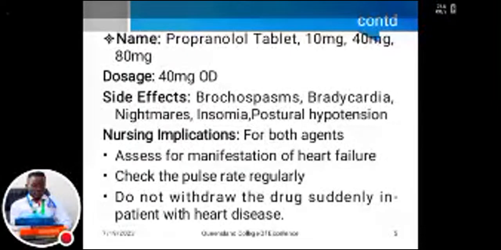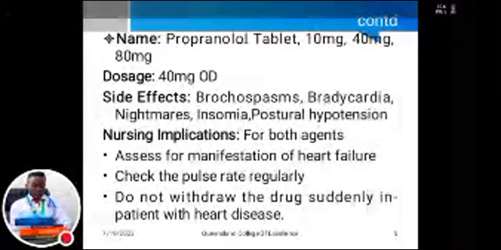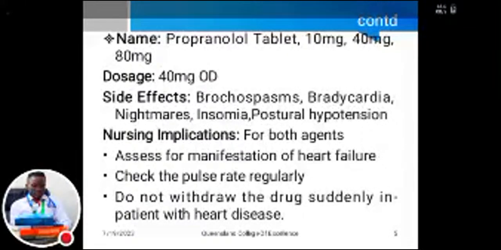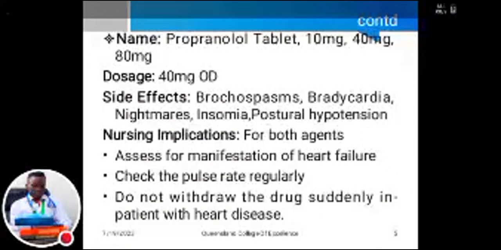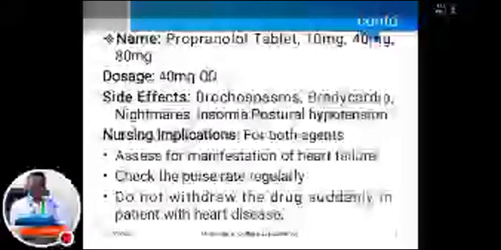They can be used in heart failure, that is in left ventricular dysfunction. When the left ventricle is not functioning properly, you can use these angiotensin converting enzyme inhibitors such as enalapril.